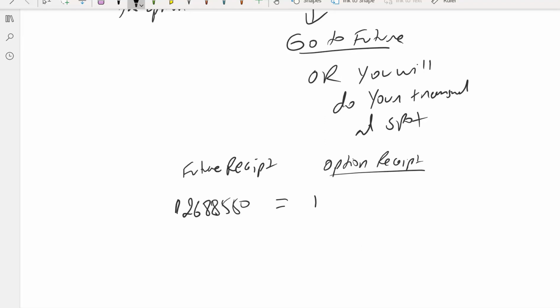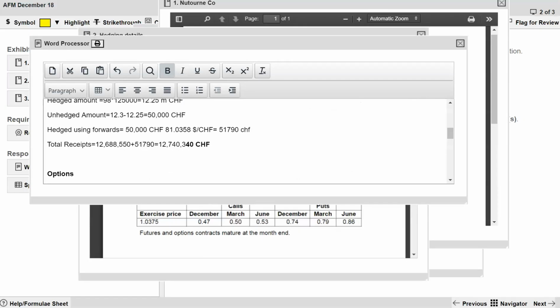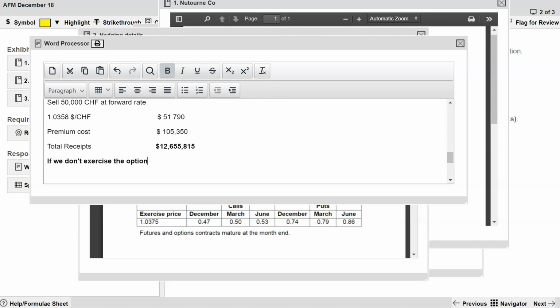You have contract to sell 98 contracts at 125,000 CHF at exercise rate and obviously you also have to pay the premium. That was 105,350.